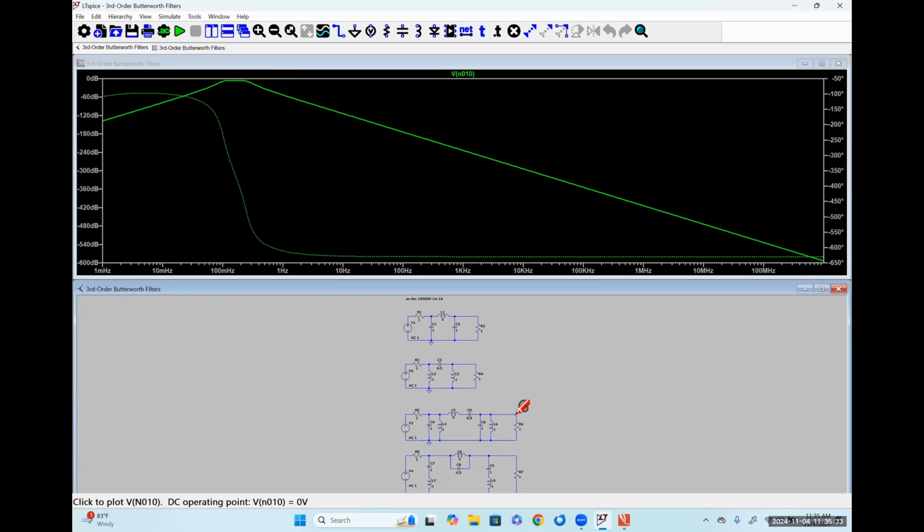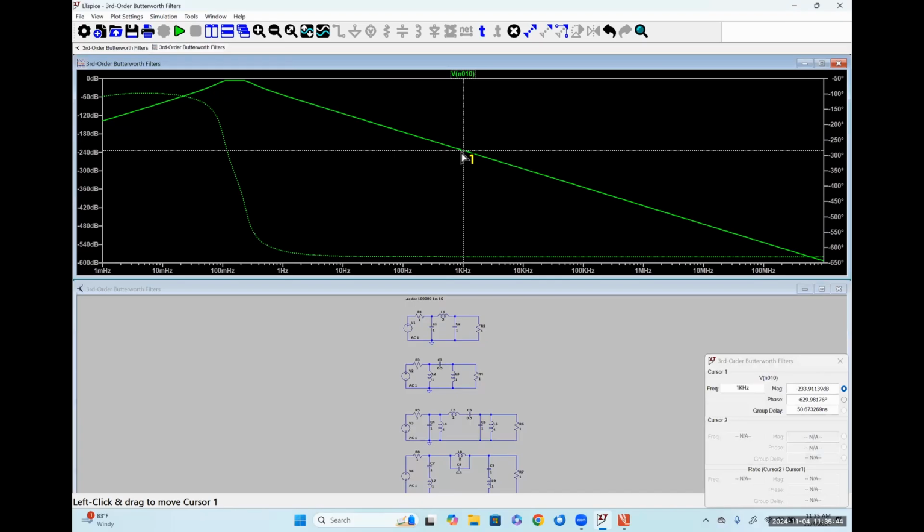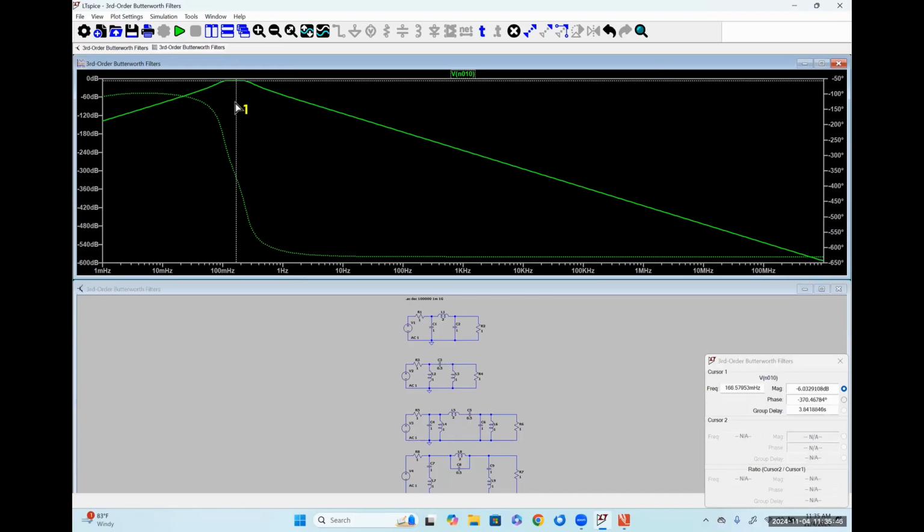So let's make a couple of observations here really quickly. So here I'm in the middle of my pass band, or as close as I can get to the middle, okay?